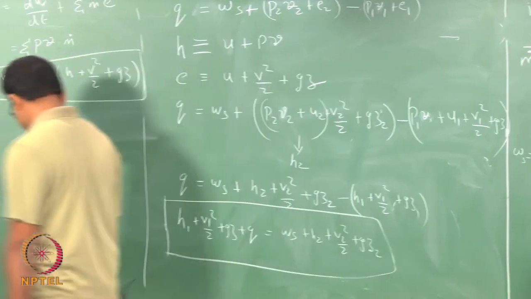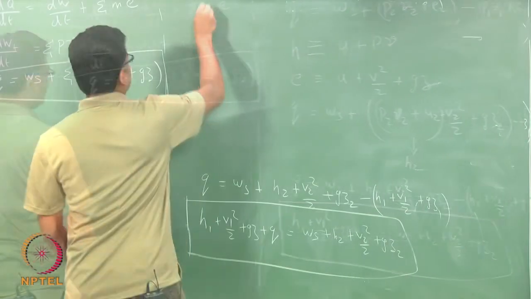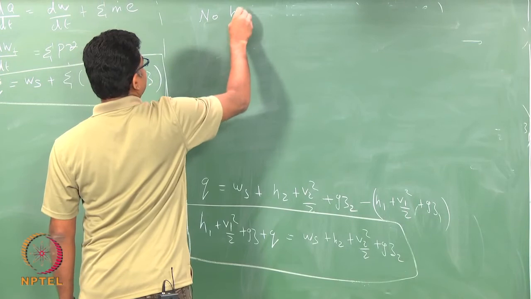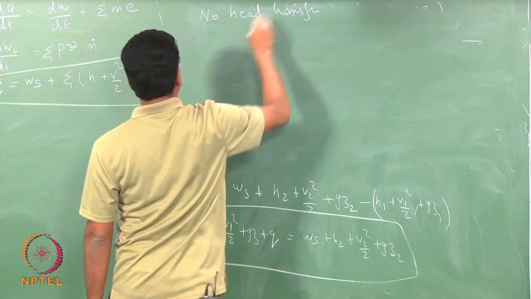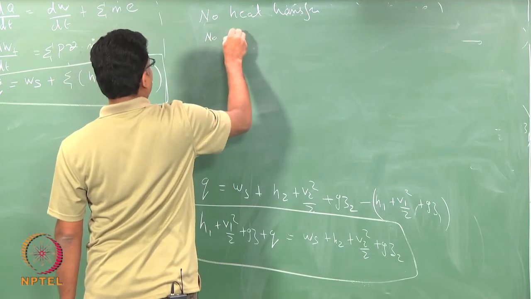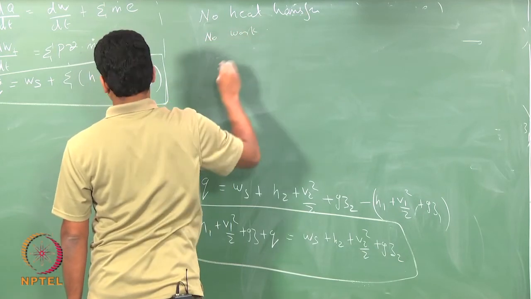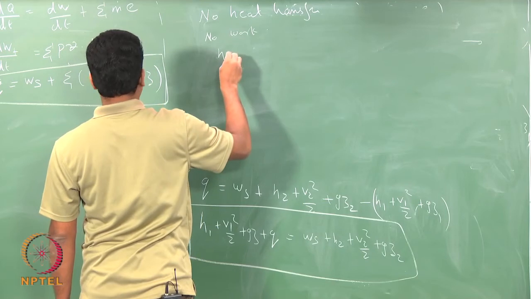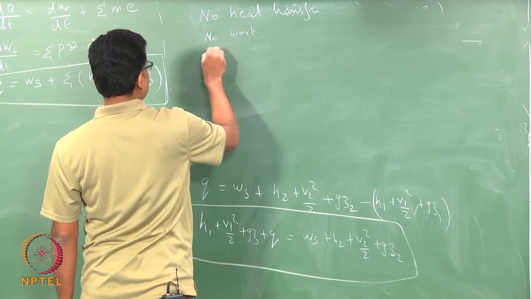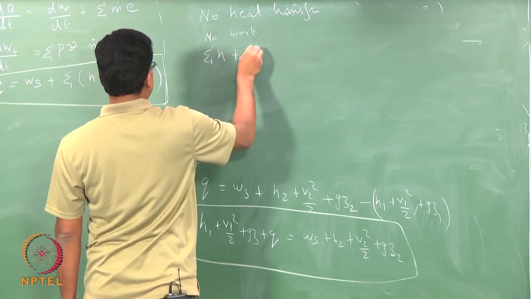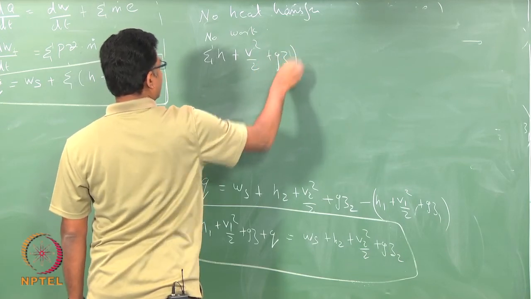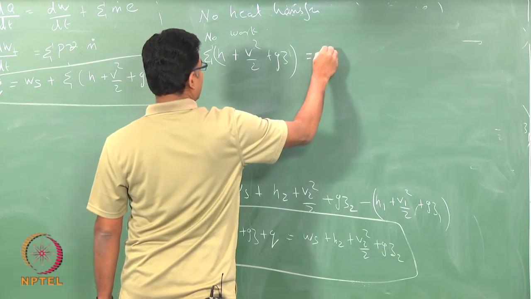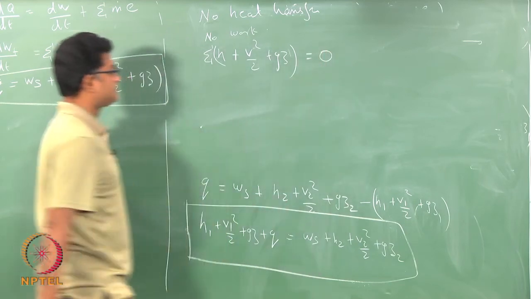So, if the flow is adiabatic, so no heat transfer, no work, then you have H1 equals 0.